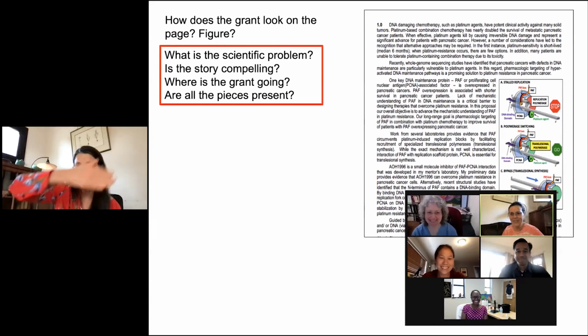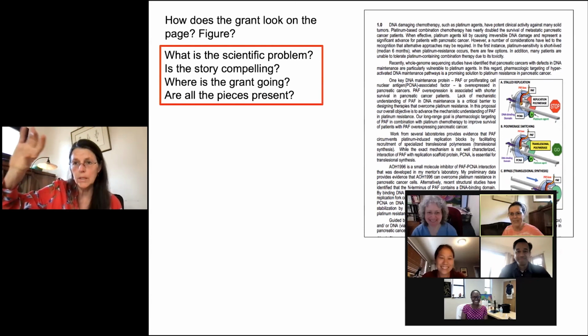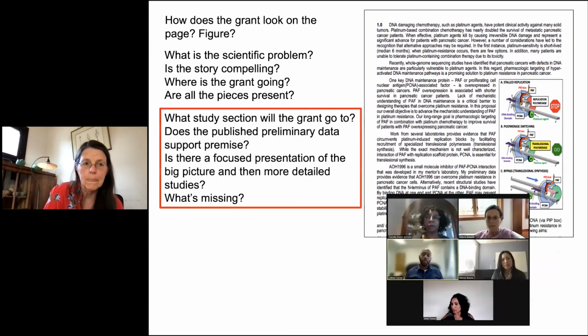So in that first paragraph, we try to tell what's exciting about this, why it's important, a little bit, like one sentence about the preliminary data and where we want to go with the grant. And we want to use the same terms and terminology that we use in that first paragraph, and we want to carry it through. So don't use one term and then switch terms halfway through.